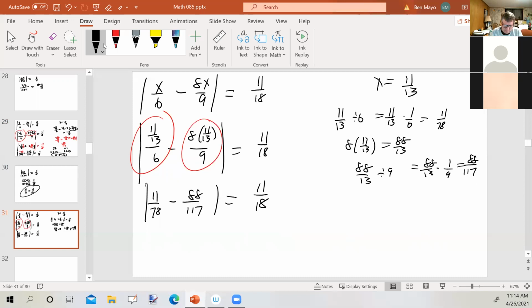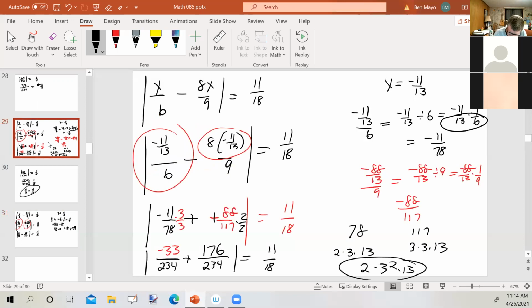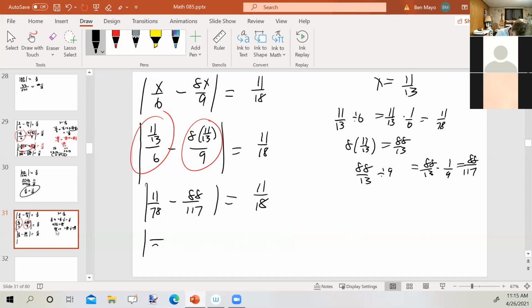Okay, now we've got the same denominators we had before. So the least common denominator is still going to be 234. I don't need to go back and find that again. I'm going to have to multiply, let's see, 234 divided by 78 is 3. So I'm going to multiply by 3 over 3, which gives me 33 over 234.